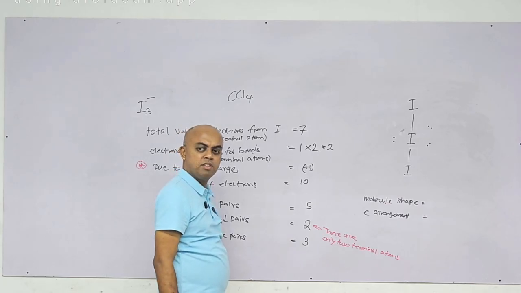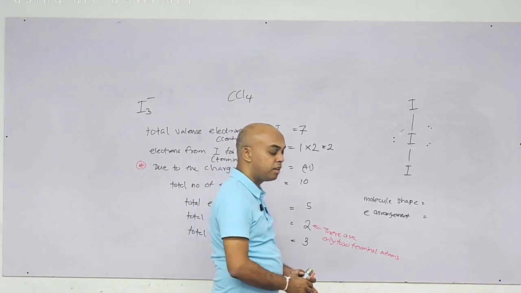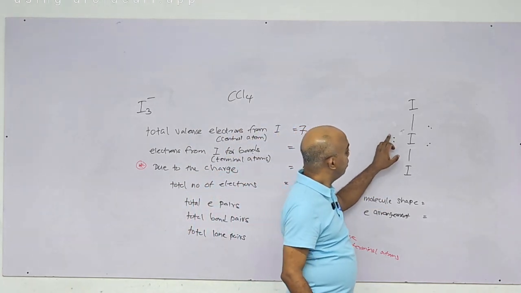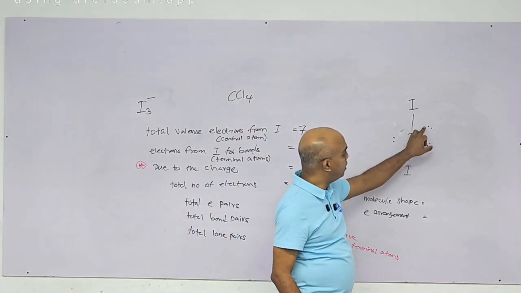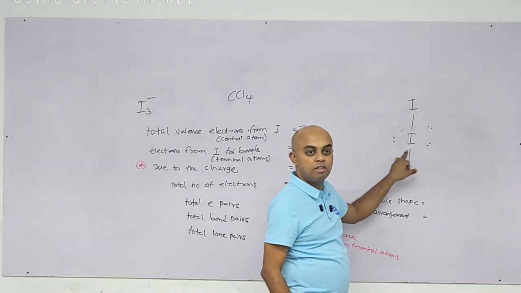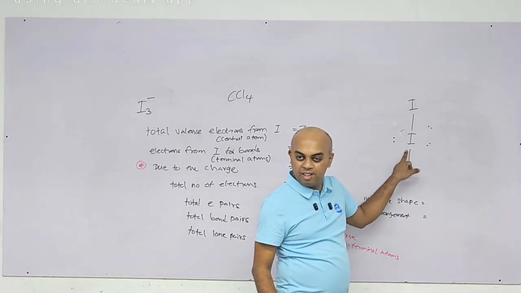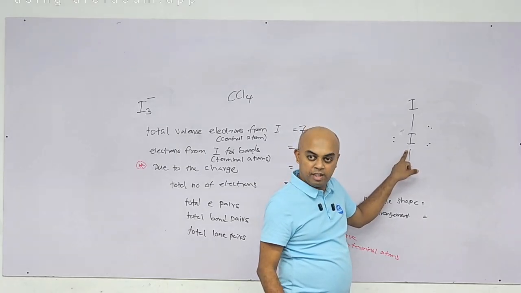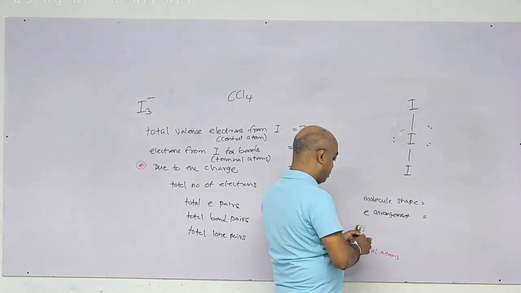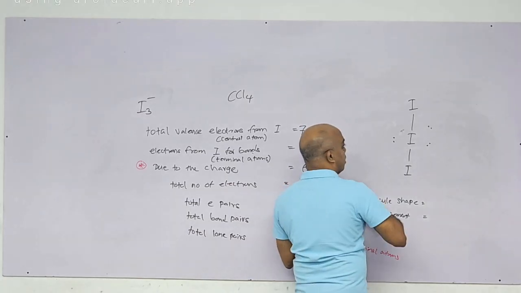Where is the minus charge? In the middle. Why? 1, 2, 3, 4, 5, 6, 7, 8. We have allocated 8 electrons for the central I.